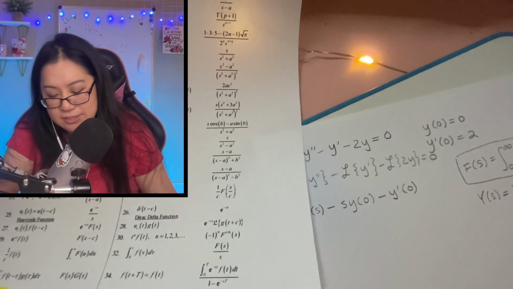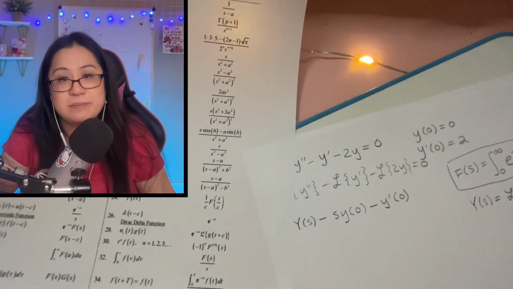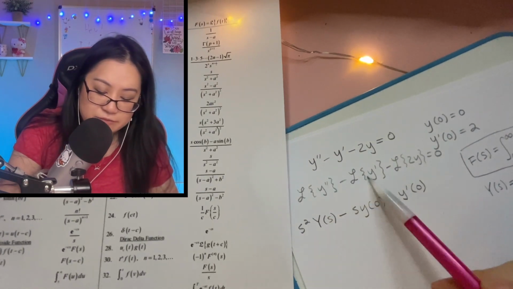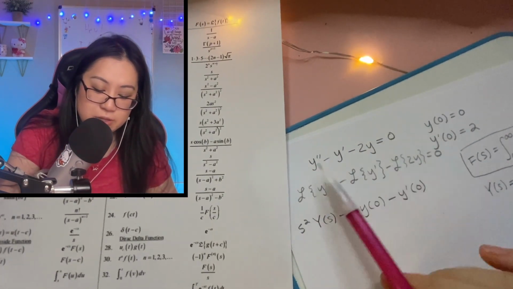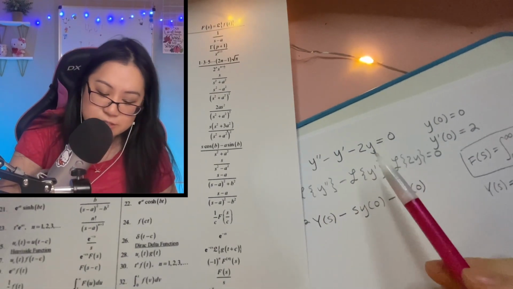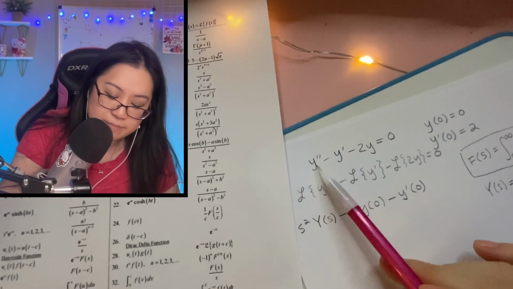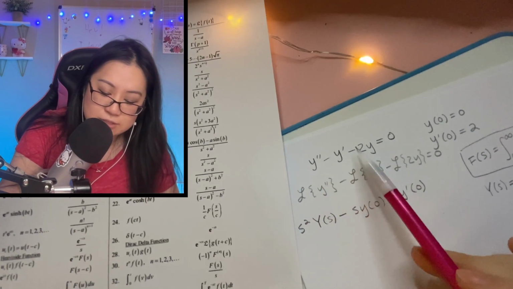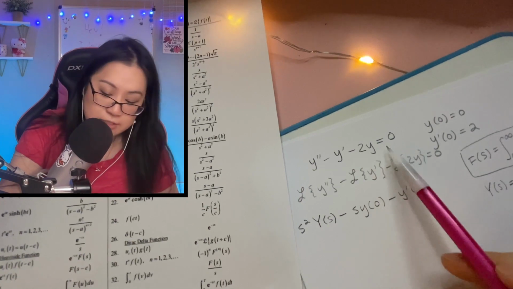And since I did mention Bernoulli, I suppose the difference here is we're doing the Laplace of each part, but if you're doing this using a characteristic equation, you would use the characteristic polynomial here. So you'd have like an r squared minus r minus 2 equals 0.